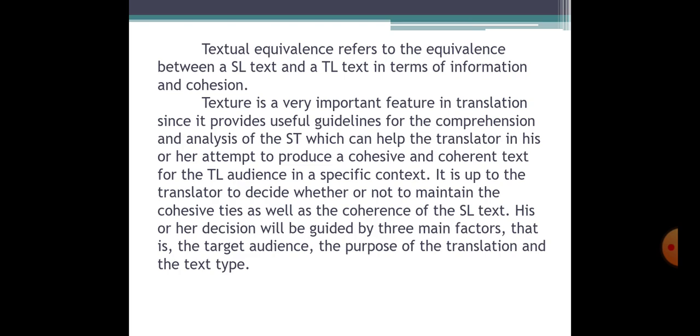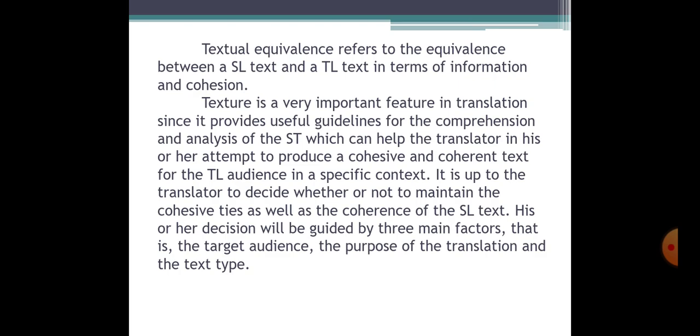Texture is a very important feature in translation since it provides useful guidelines for the comprehension and analysis of the source text, which can help the translator in his or her attempt to produce a cohesive and coherent text for the target language audience in a specific context.